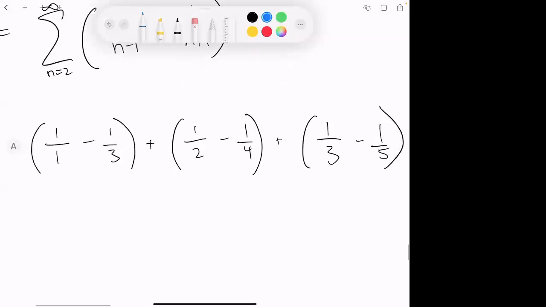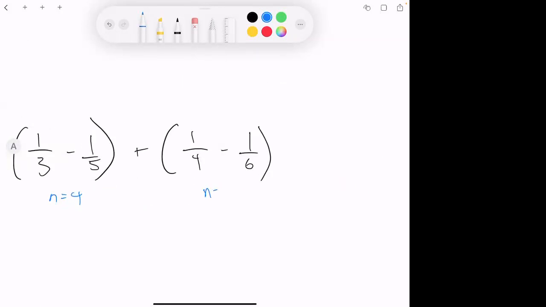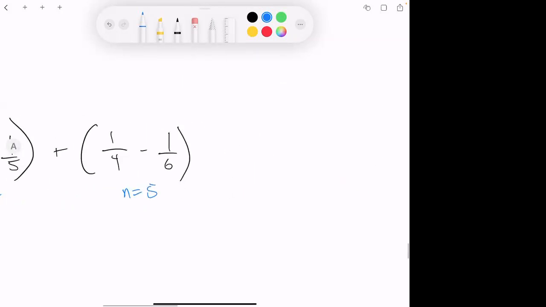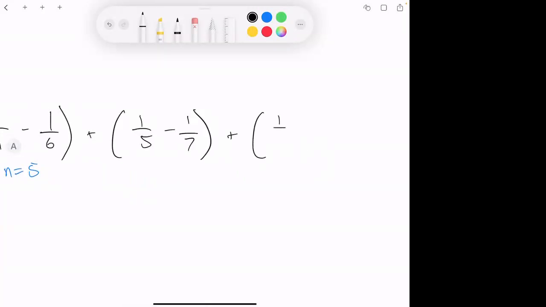Right, these are the terms for n equals 2, n equals 3, n equals 4, and so on. Indeed, this is what I got when I plugged in n equals 5, right? So yeah, that's absolutely right. So I'll stop there. Actually, I'll go one more. Right, so that's what the terms look like for n equals 2 through 7.